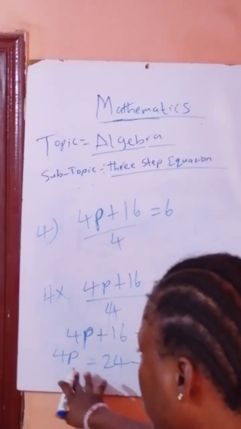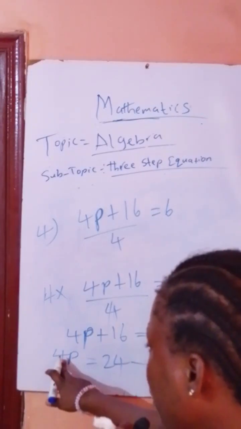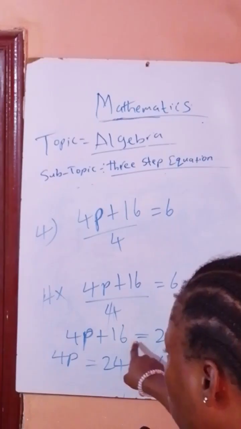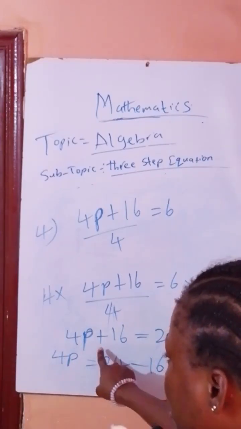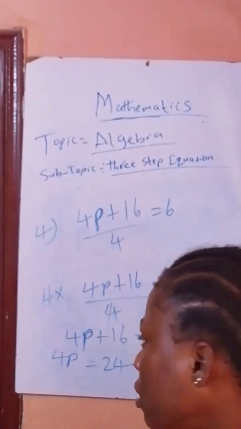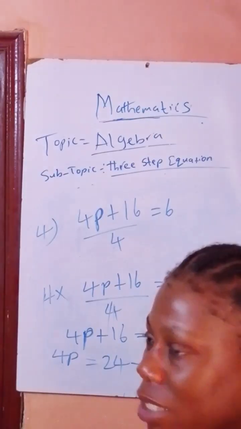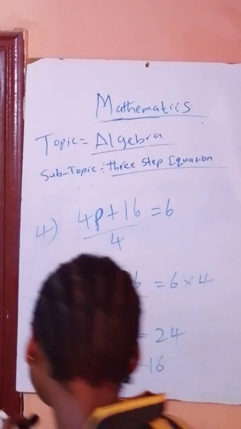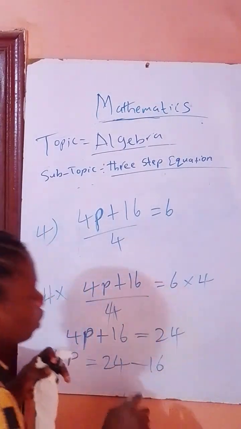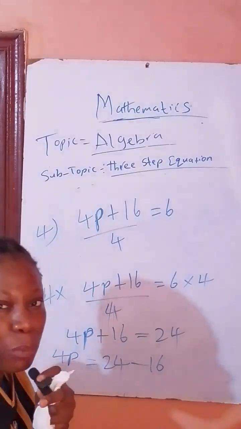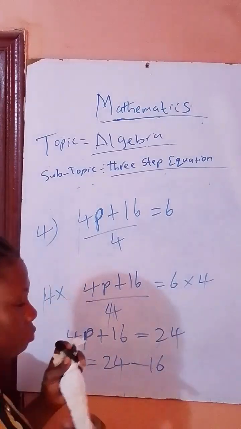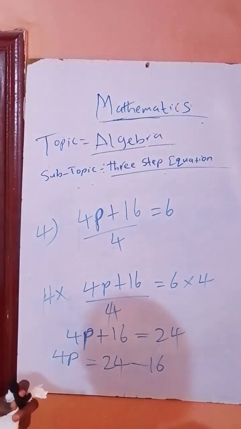We bring down 4p. This plus belongs to this 16, and when this 16 crosses the equal sign to meet 24, the plus sign changes to minus. We bring down your 4p equals 24 minus 16. I hope you understand what I'm solving.